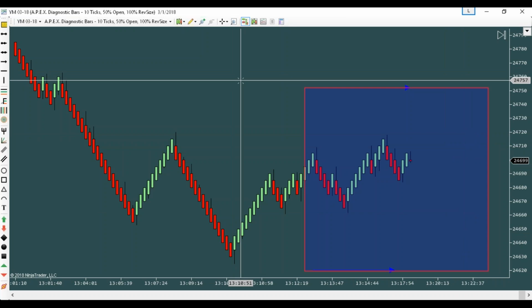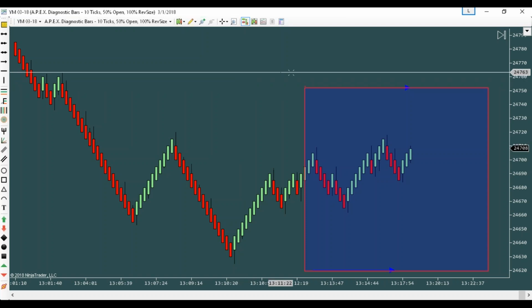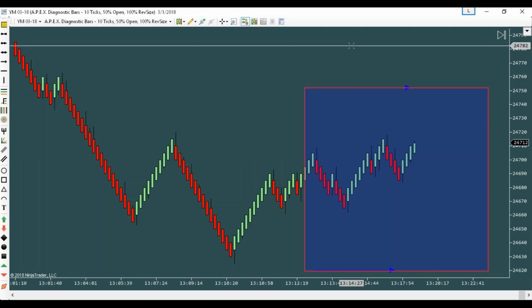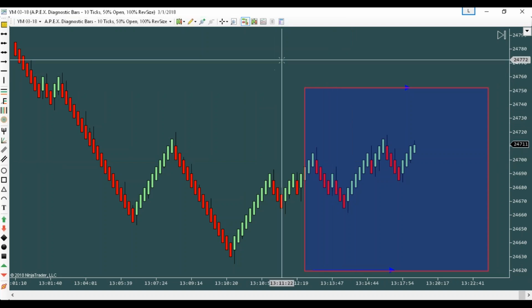Does that make sense? Any questions, real quick, on that particular part right there? I'm taking two different in-the-money binaries. One is a sell above, one is a buy below, and I'm creating a range. As long as the market stays in between that range, then I would be profitable on both.